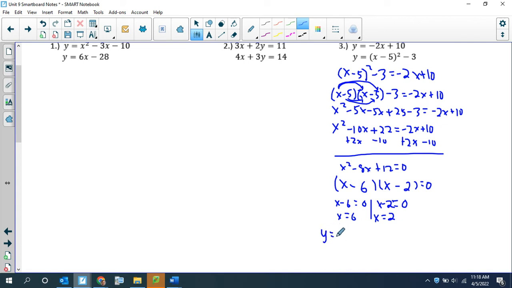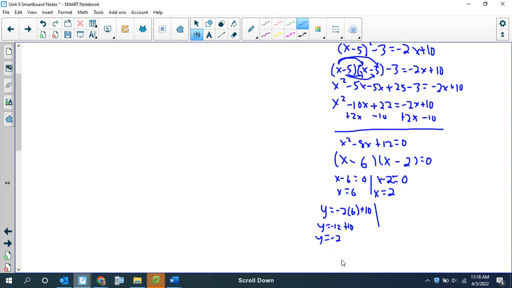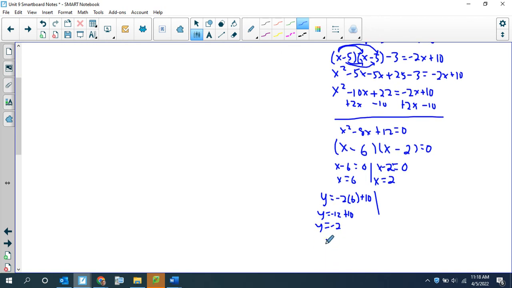So I'd have y equals negative 2 times 6 plus 10. So negative 2 times 6 is negative 12. Plus 10 would be negative 2. So that answer would be the ordered pair (6, negative 2).